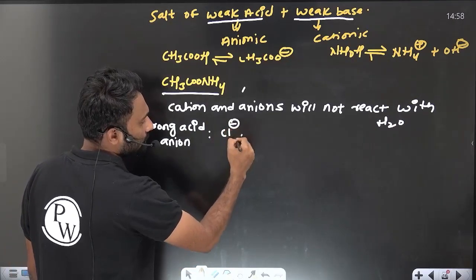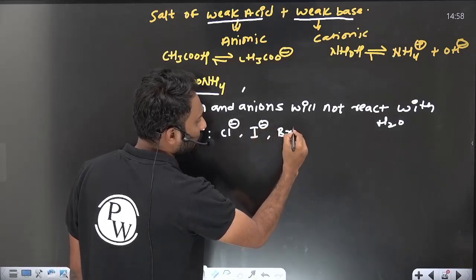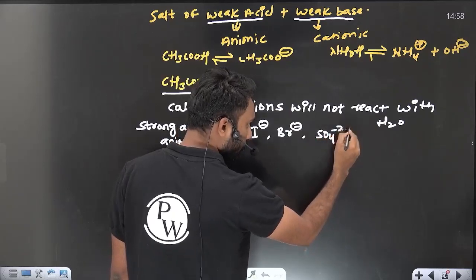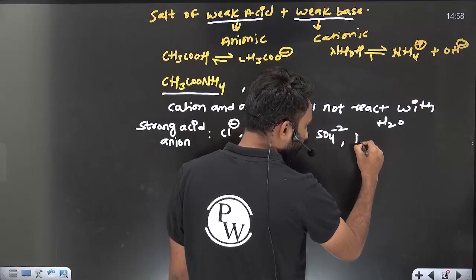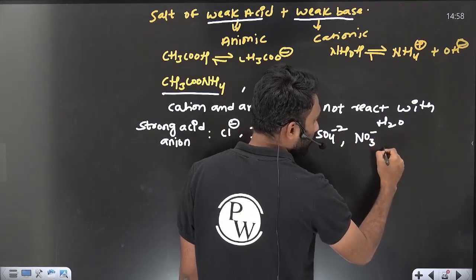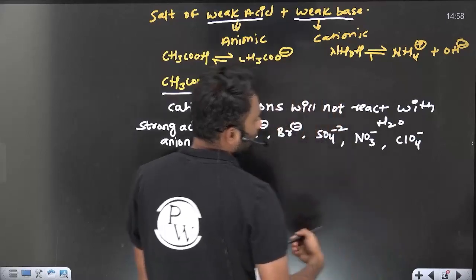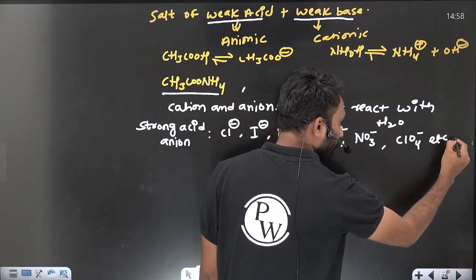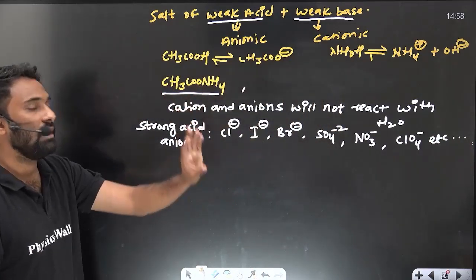Cl minus, I minus, Br minus, SO4 minus 2, NO3 minus, ClO4 minus, etc. Now these are the anions that will not react with water.